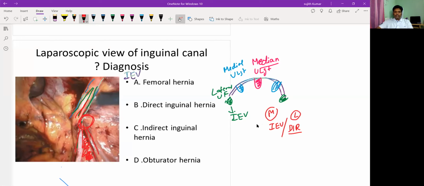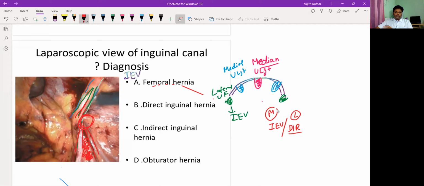That is the usual anatomical position. So this is the inferior epigastric vessel, deep inguinal ring, vas deferens, gonadal vessels, and the triangle of Doom.